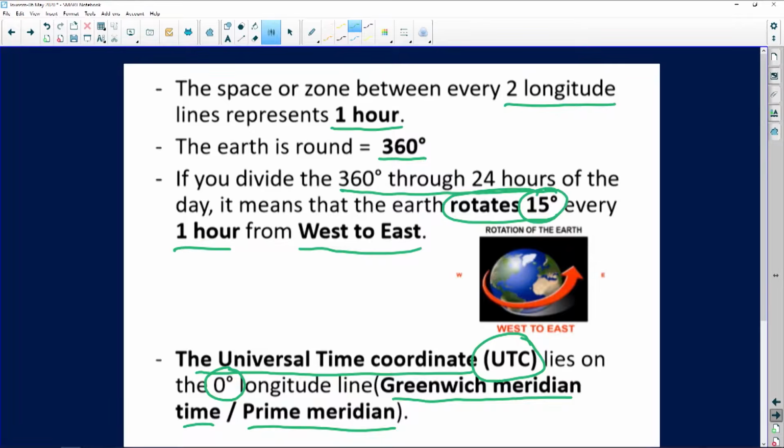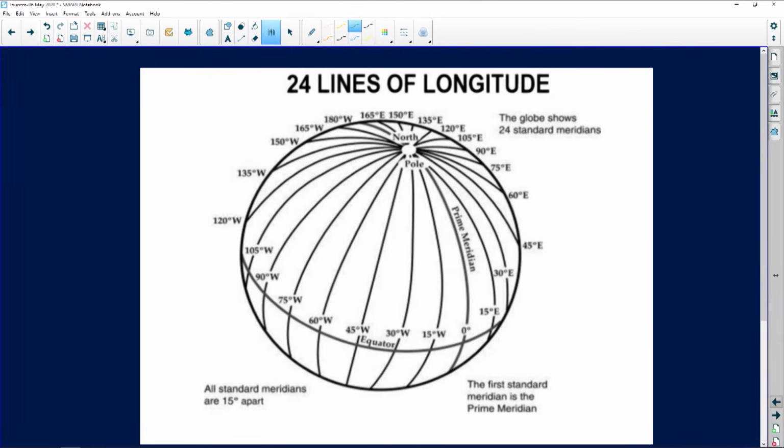Now let's see if we can literally look at everything I've explained to you just now in a figure. So basically this circle here represents the Earth because it is 360 degrees. Now with the lines that are identified on this circle, if you look there, there's the prime meridian or the 0-degree line of longitude, or we also know it as the GMT.